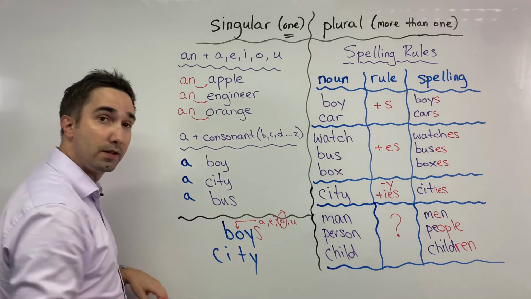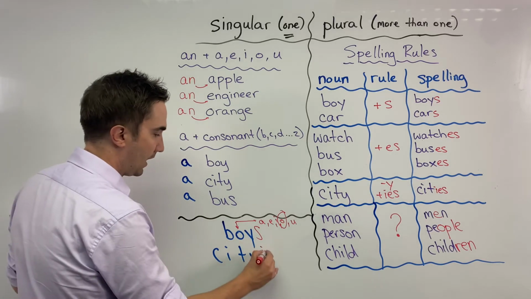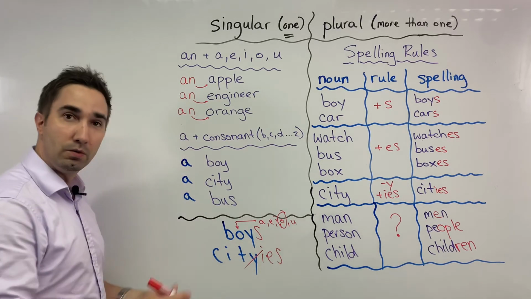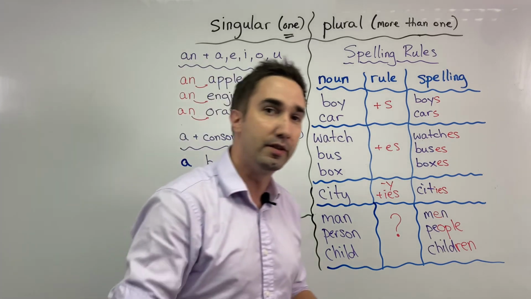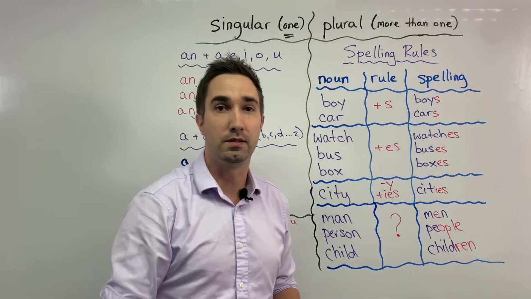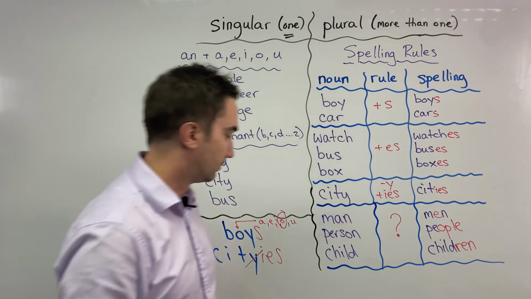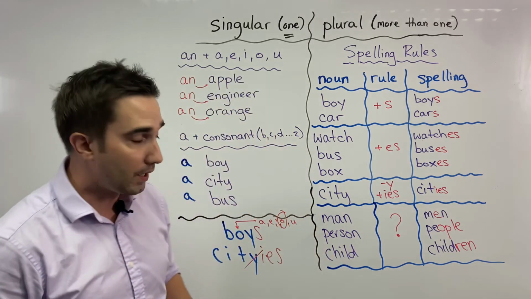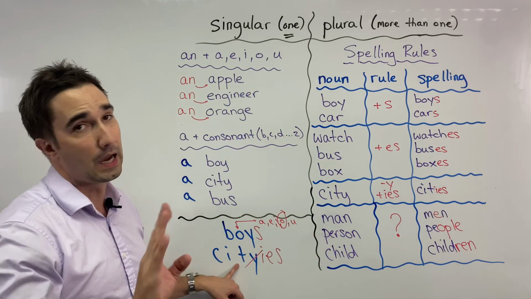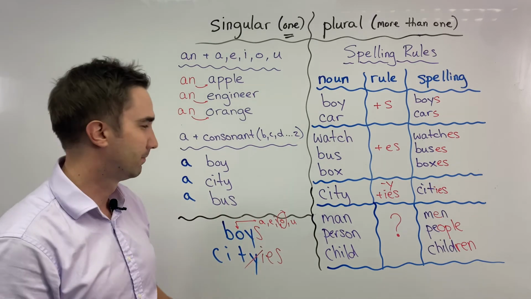So T is not A-E-I-O-U, so we have to get rid of the Y and we add I-E-S. So cities. I have lived in 3 cities. I have lived in 2 cities. Okay, so that's how we do that with city or any noun that ends with not A-E-I-O-U or a consonant plus Y. Okay, that's easy, right?